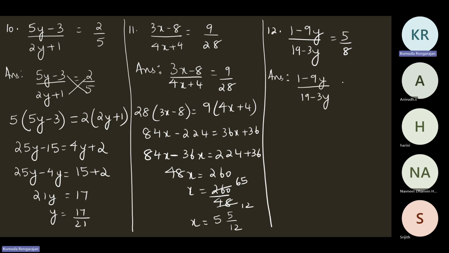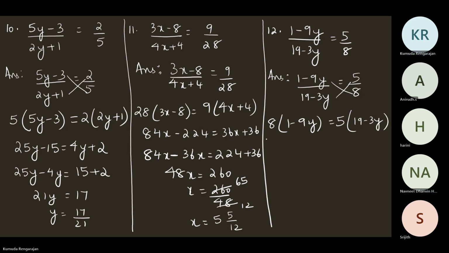Yeah, Avanish, try this one. 8 in bracket 1 minus 9y is equal to 5 in bracket 19 minus 3y.